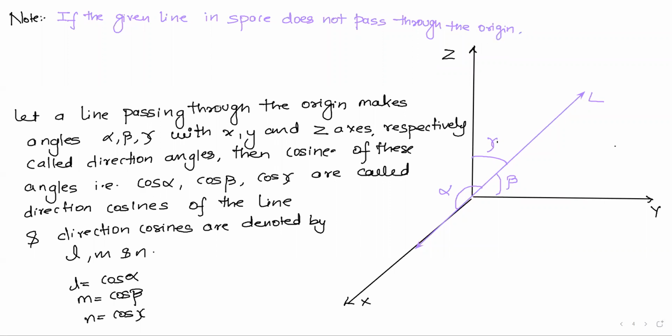Okay, so I have given this definition if the line is passing through the origin. What happens if the line does not pass through the origin?